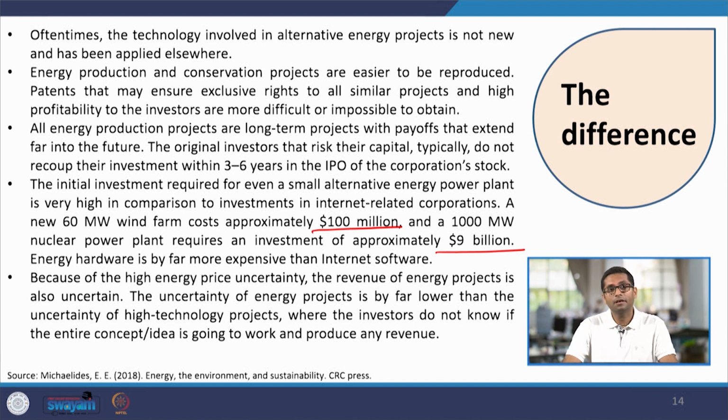Further, there is also a huge price uncertainty in the market, given the geopolitics and the different kinds of scenarios being created, because one country going to war with another can spoil the whole business model that you would have envisioned for the next few years. And this brings in a lot of uncertainty, which people are a bit reluctant to invest in. So that is why you don't see many startups coming in the energy field.